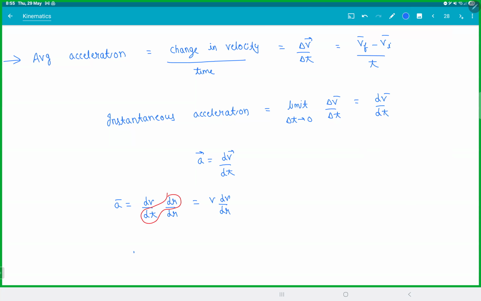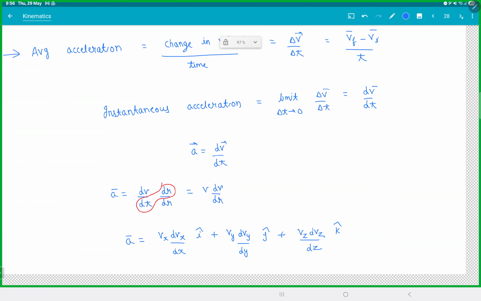So the proper way of writing this is acceleration is vx dvx by dx i cap, plus vy dvy by dy j cap, plus vz dvz by dz k cap.